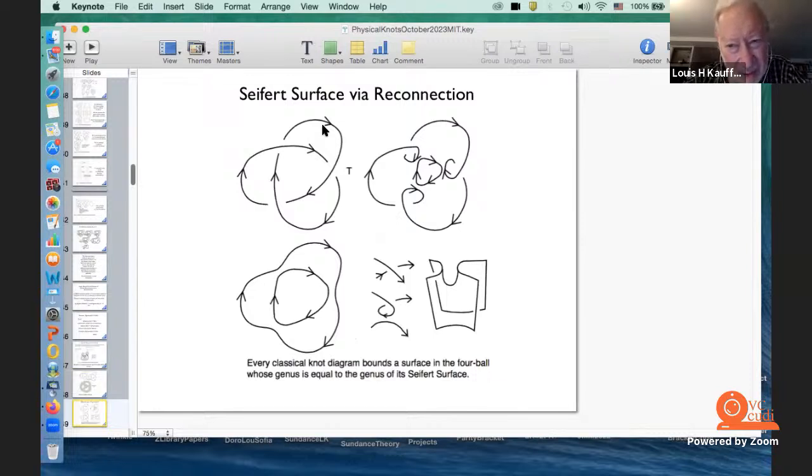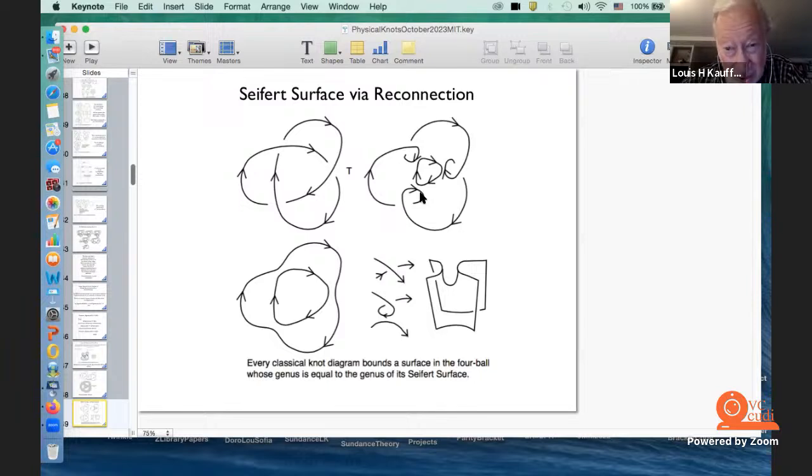However, you can think of this in terms of cobordism, and that's important. I can get to the same Seifert surface by cobordism. I have the ingoing arc and the outgoing arc, and I do a reconnection right there. And I do that at every crossing. Then I get the Seifert circles all over again with little twists in them.